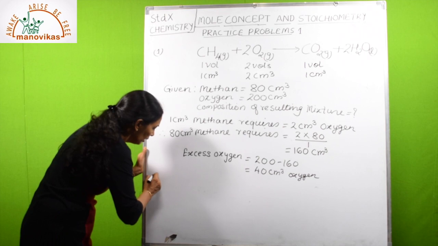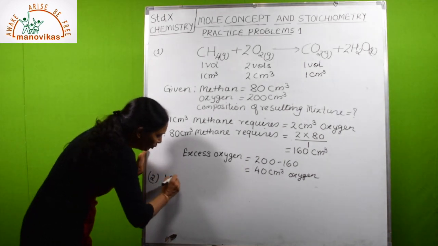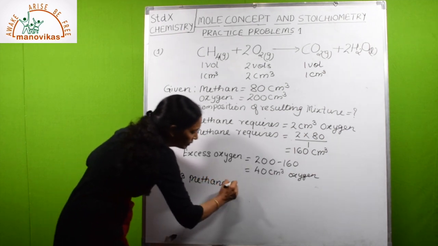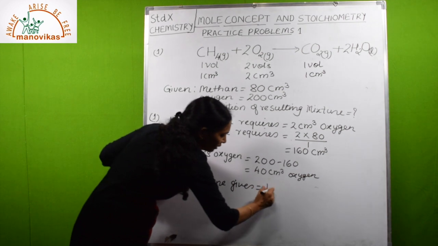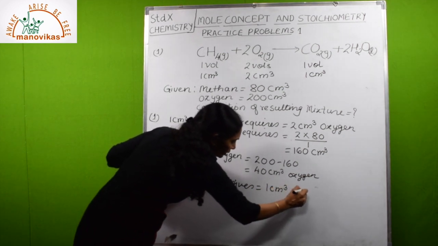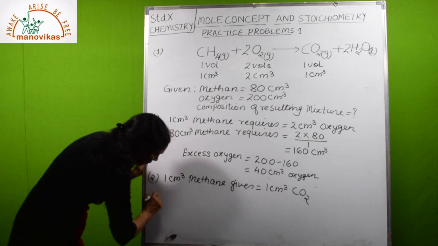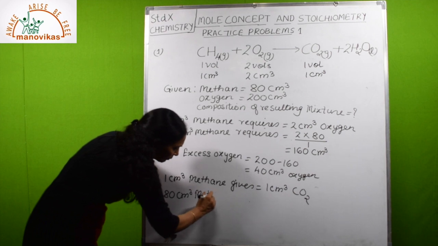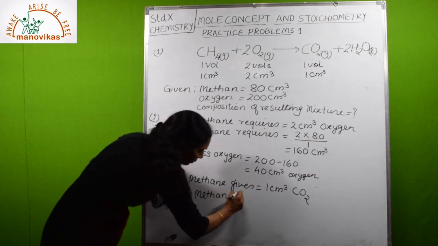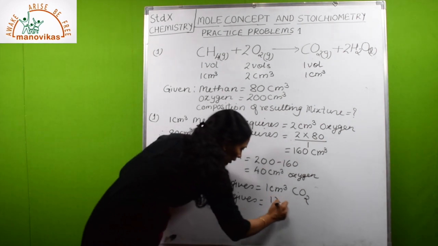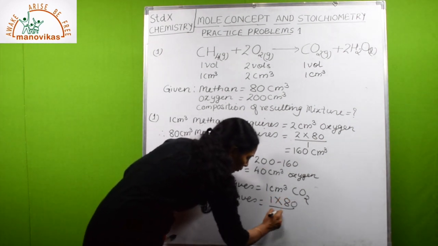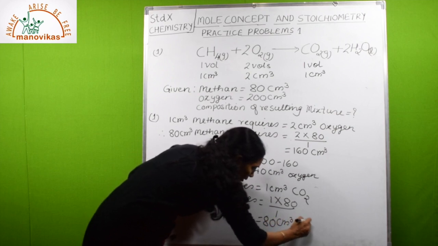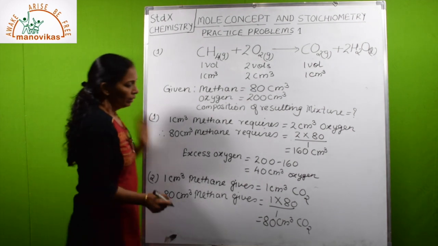So, the second one is the amount of carbon dioxide. So, 1 cubic centimeter methane gives 1 cubic centimeter carbon dioxide. Therefore, 80 cubic centimeter methane gives how much carbon dioxide? So, 1 into 80 upon 1 is equal to 80 cubic centimeter carbon dioxide. So, now we have got the answer.